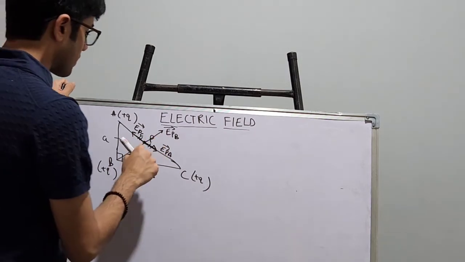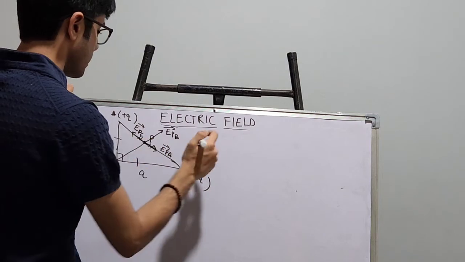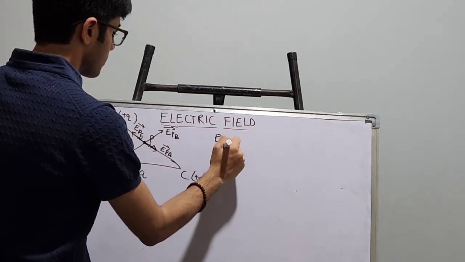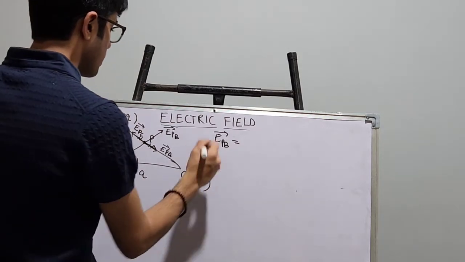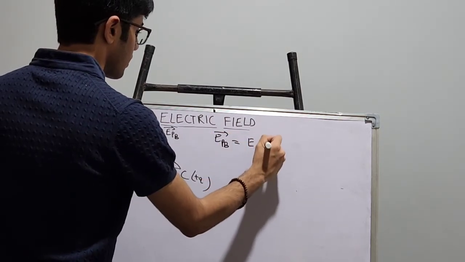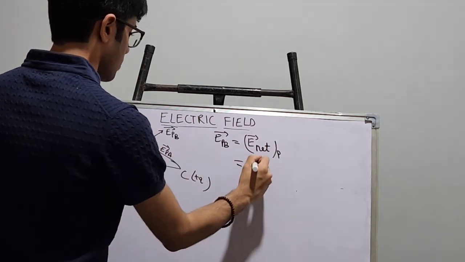So the total net electric field on point P would be just due to B. So electric field on point P due to B is the net electric field on point P, which is equal to K.